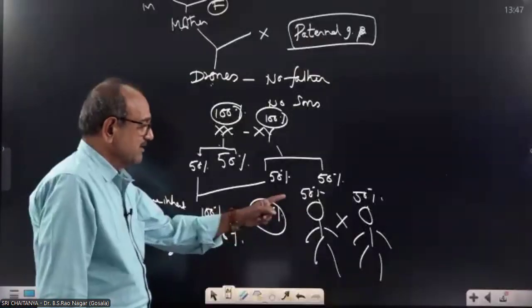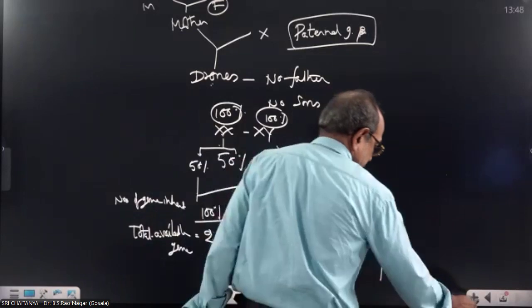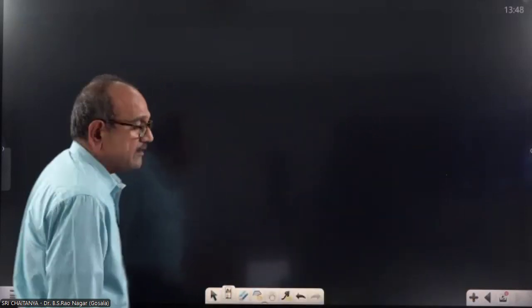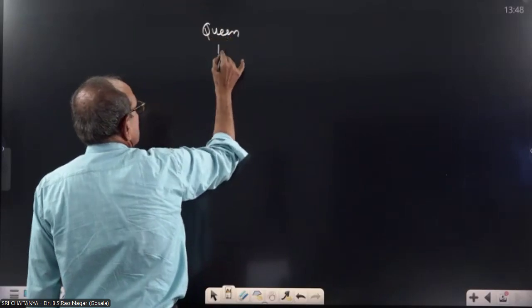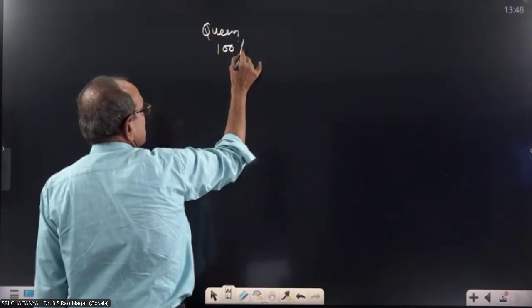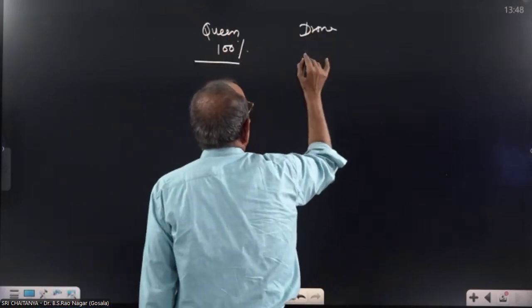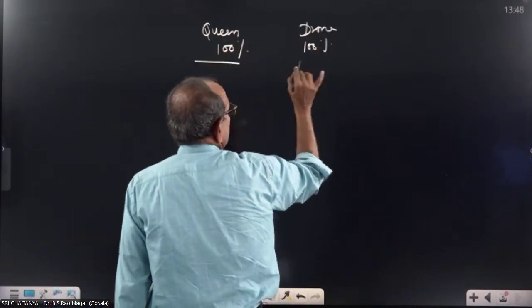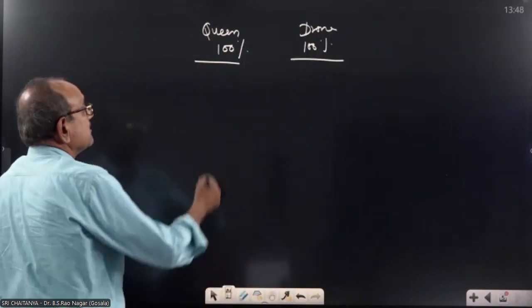But see, apply the same concept to the honeybee. All the genes present in the queen are considered as 100%. The drone, all genes together, I am also considering as 100%. Right?